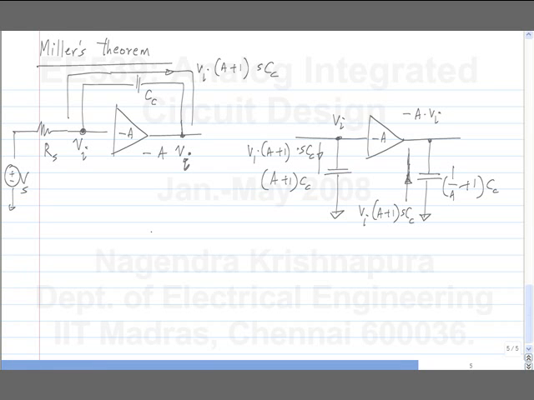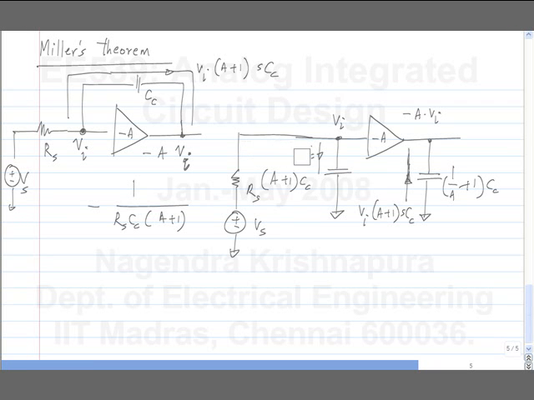The pole will be at minus 1 by Rs Cc times (A plus 1). And in this particular case, it's trivial to see that the answer is the same. I have a first order filter formed by this resistance and this capacitance. So the pole is the same. So it appears that I can use this theorem to simplify my circuit.